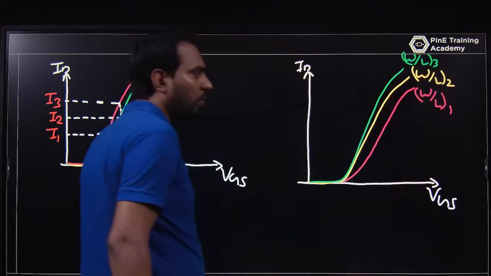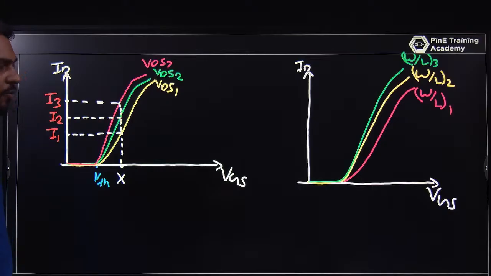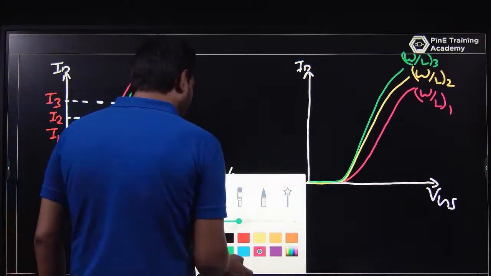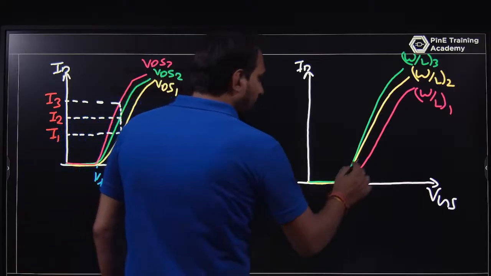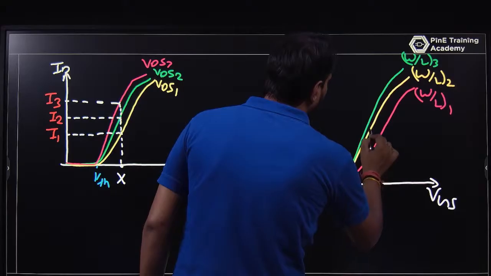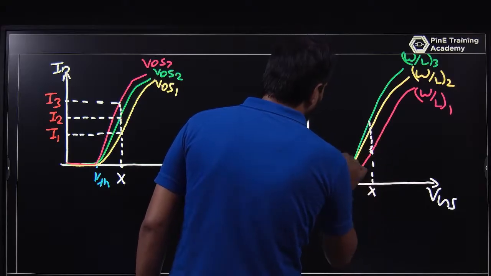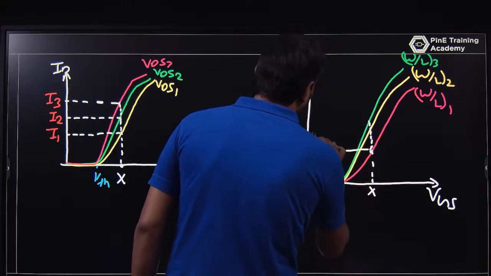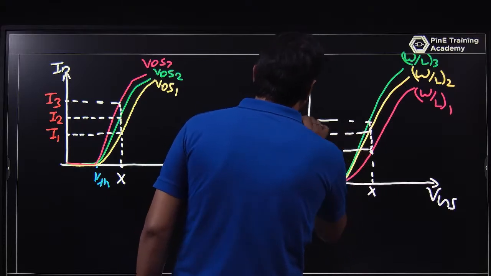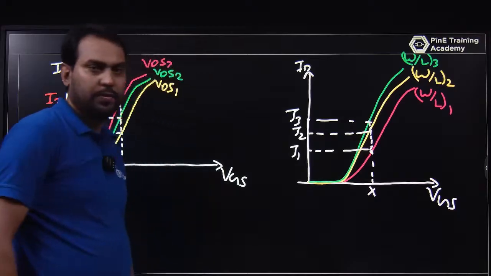So if the W by L is different, of course the current will increase. Okay. So for the same voltage of VGS, you will find different currents: I1, I2, and I3. Yes, is it okay?